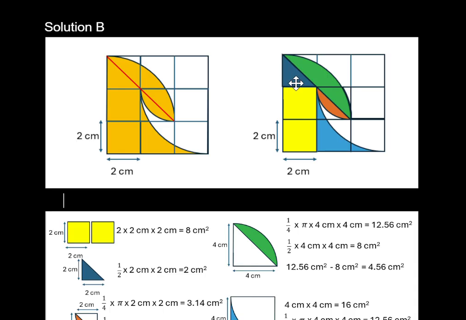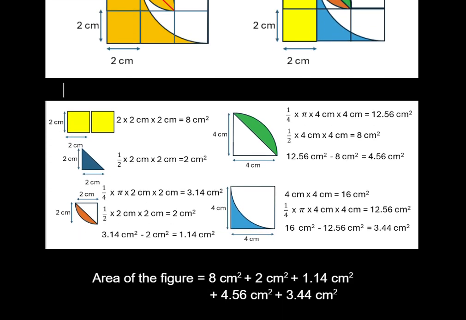I have a triangle. I have 2 yellow squares here, and I have this part here. So total 1, 2, 3, 4, 5, I have 5 different parts, and for each part, all I need is to find the respective area.